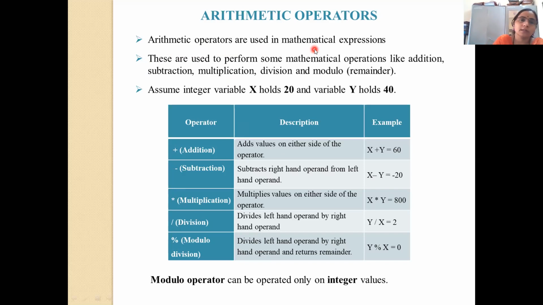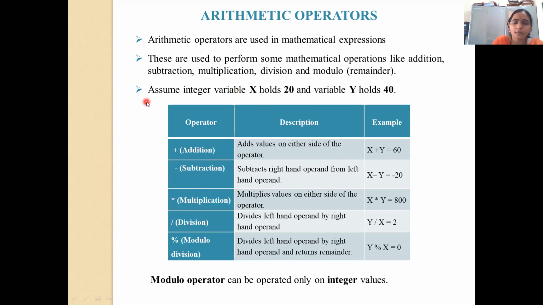These operators are plus, minus, multiplication, division, modulo. These are used to perform mathematical operations like addition, subtraction, multiplication, division, and modulo. Modulo means if you want to find out the remainder after the division, in that case you have to use the modulo operator.